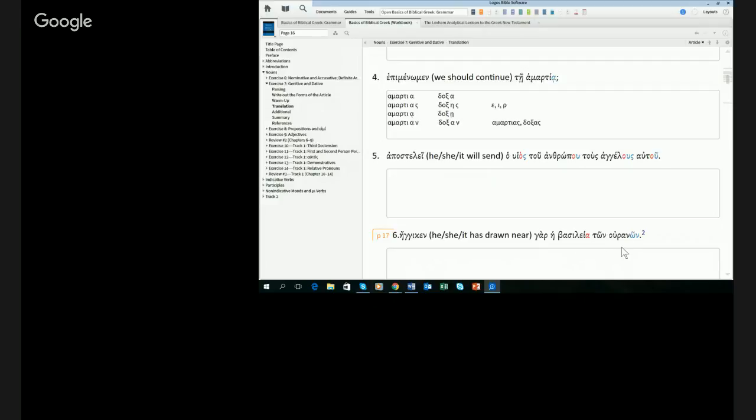Technically, we're only covering this word later in the course, but it is fairly easy to recognize for now. So the angels of him, in English we would put as his angels. The sentence means the Son of Man will send his angels. Apostele hohios tu anthropu tus angelus autou. Katalambanete?